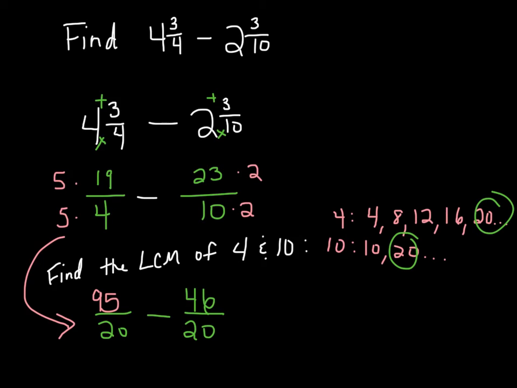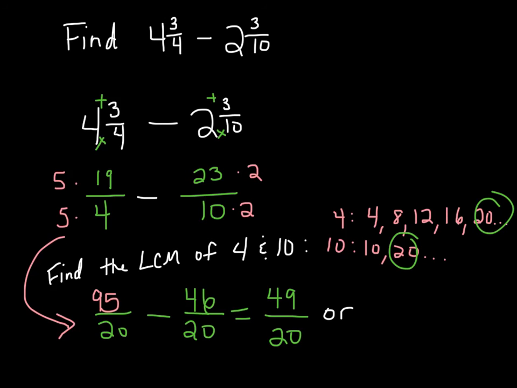And since I have them in common denominators now, all I have to do is subtract the 46 from the 95. I would, again, do that in side math. And then I would figure out that that's going to leave me with 49 over 20. I can technically stop there, but when we have an improper fraction where our numerator is bigger than our denominator, we try to always turn that back into a mixed number.